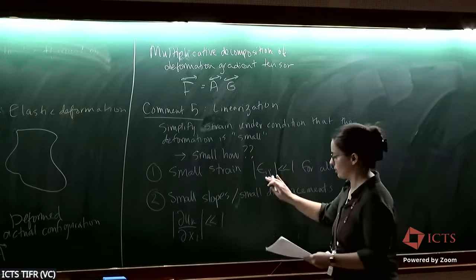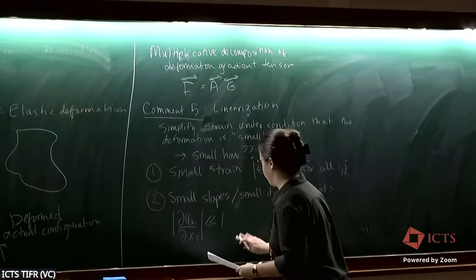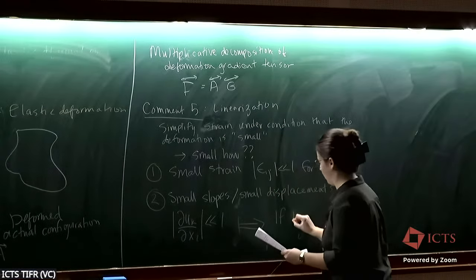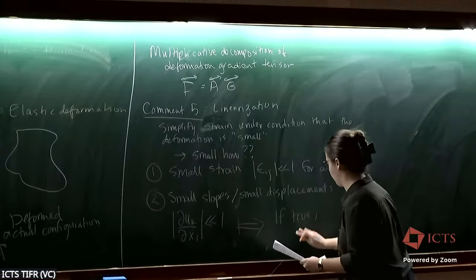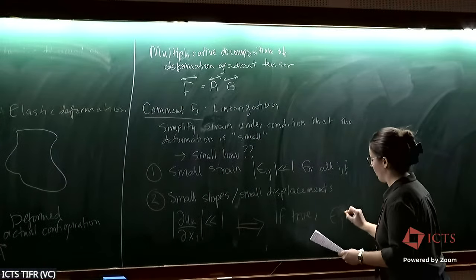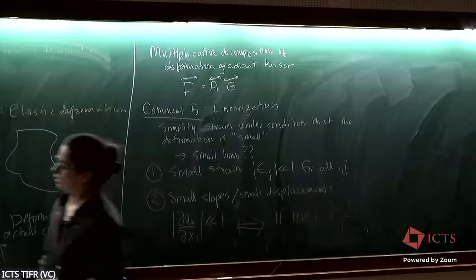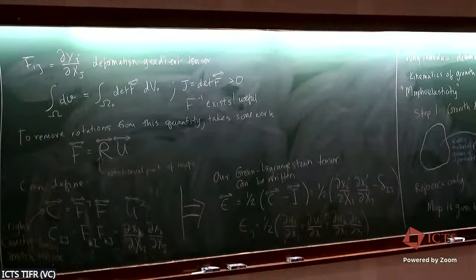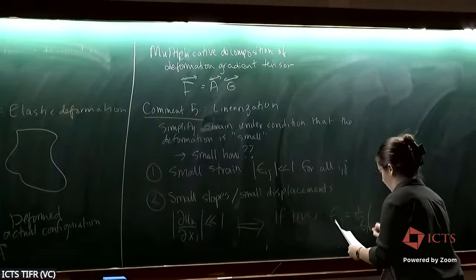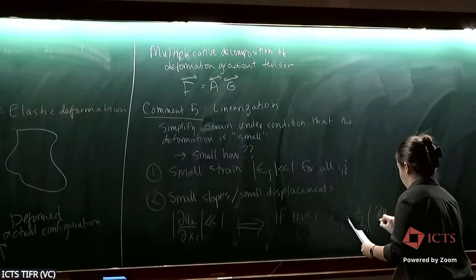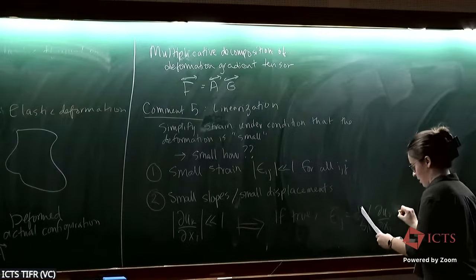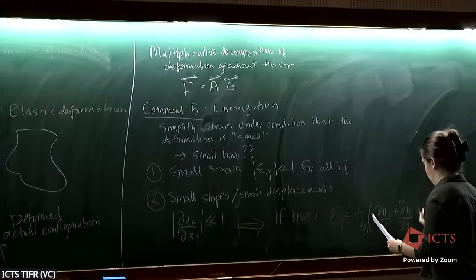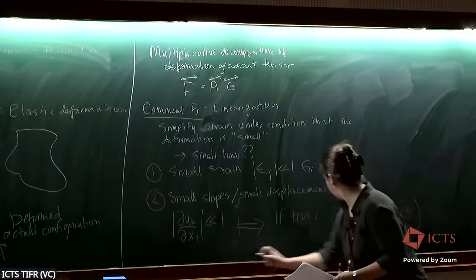Both of these are dimensionless. If this is true, then epsilon_ij can be simplified to neglect the term quadratic in these slopes, so that it is 1/2 (du_i/dx_j + du_j/dx_i).